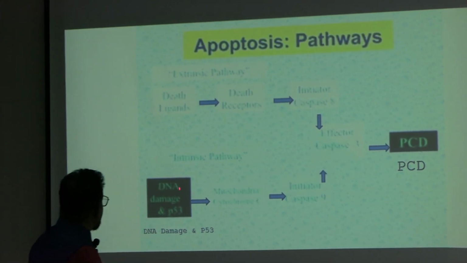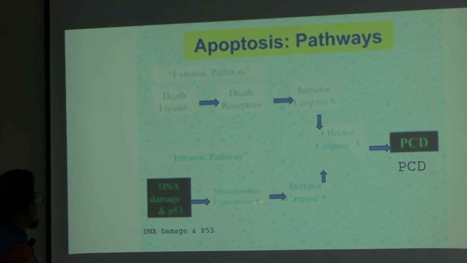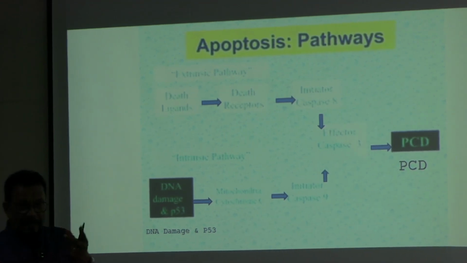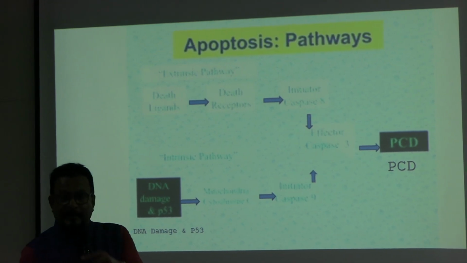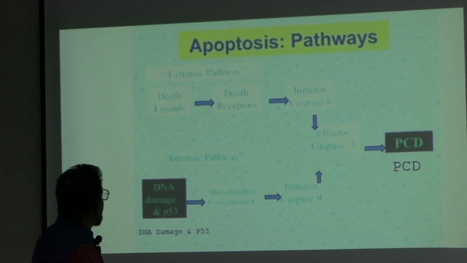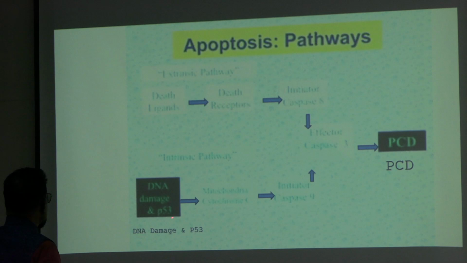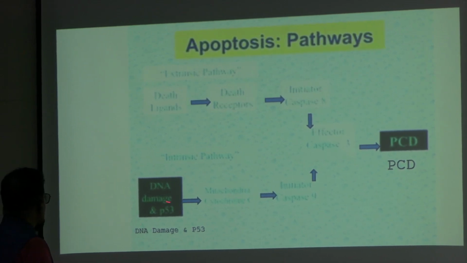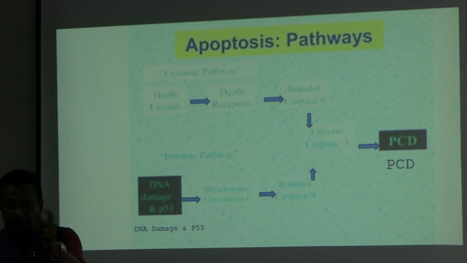This is the other pathway, the mitochondrial pathway. There are two ways by which caspase 8 and 9 can be formed. One is this path, another is the other path. DNA damage will generate damage in the nucleus.